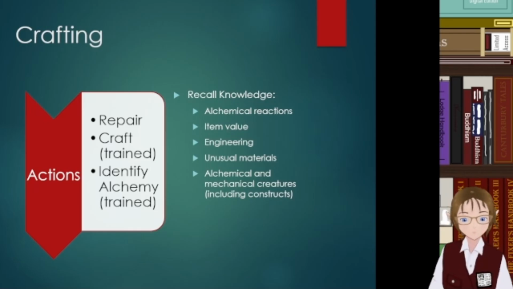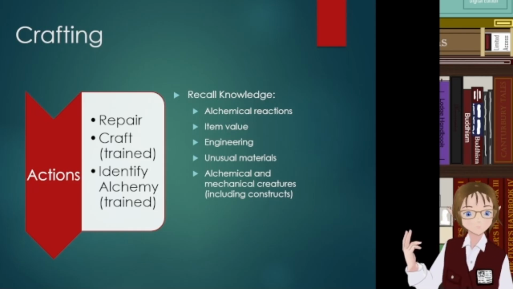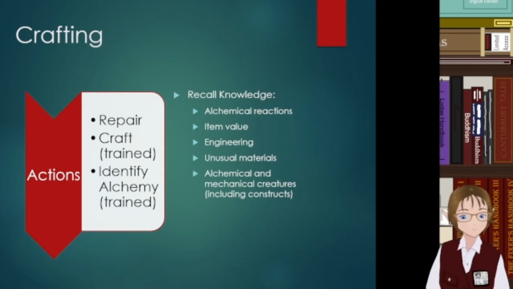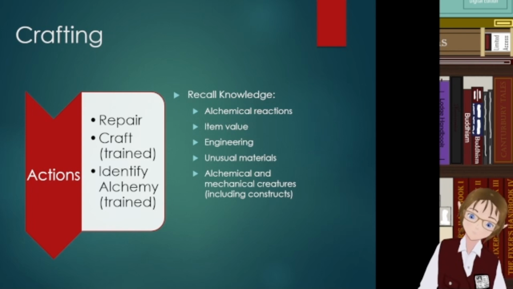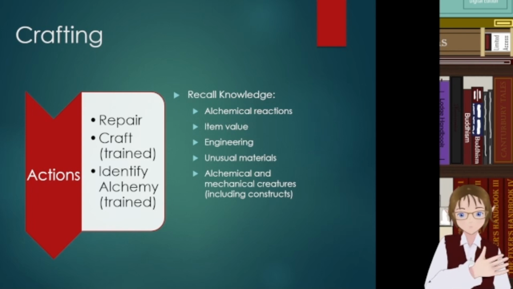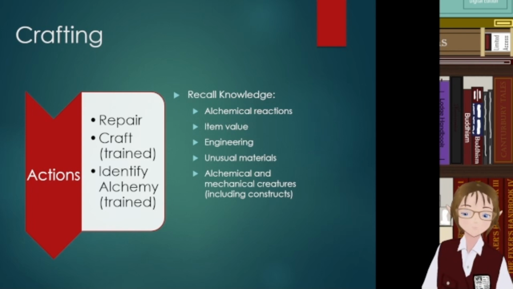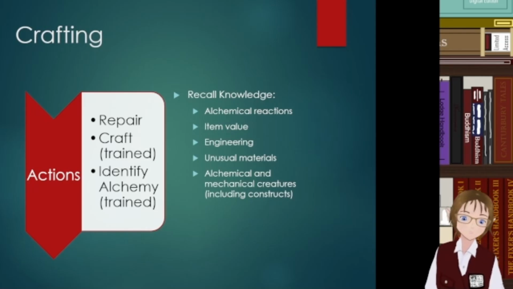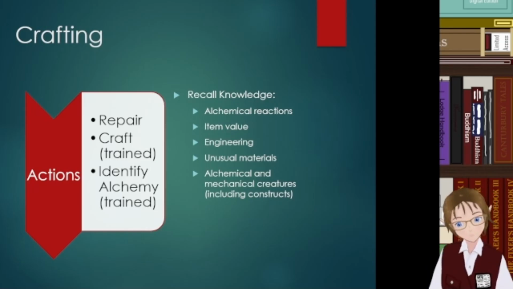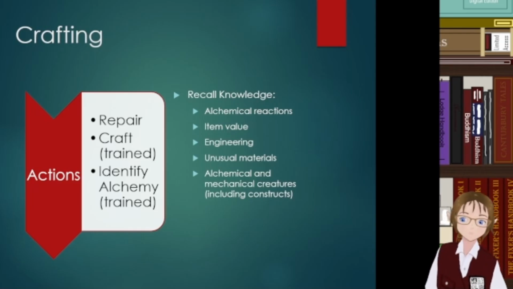Identify Alchemy essentially lets you know what the potion you picked up in the dungeon is. It can tell you whether you have a healing potion, a poison, or anything else before somebody drinks the poison. However, it does require you to take a good deal of time to examine it. It's not a quick action, and if you get interrupted in the middle of it, you don't finish the action. The last action is Craft, which is a downtime thing where you can make new equipment.